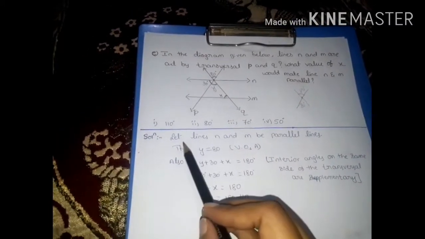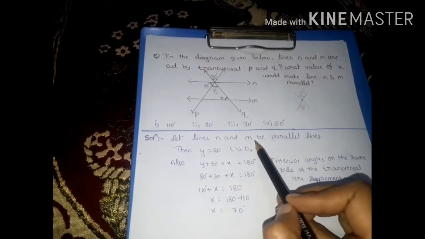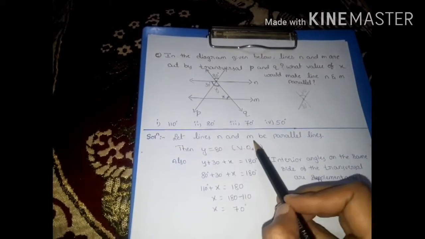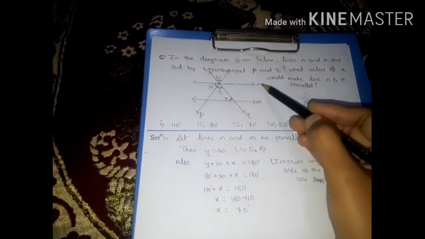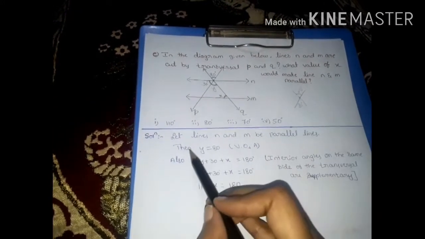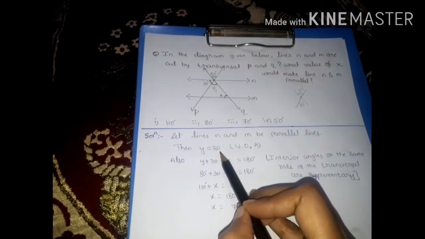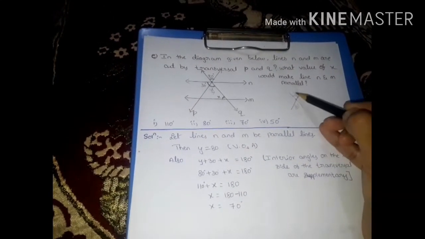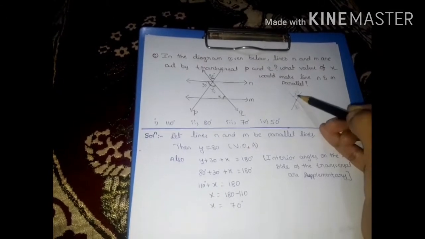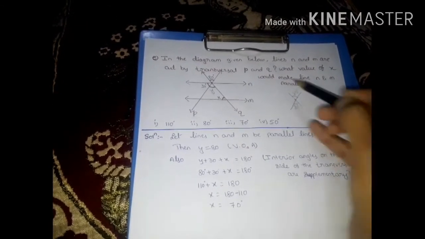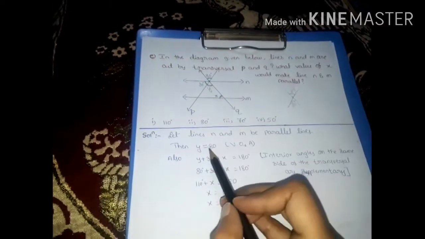In the solution, let lines N and M be parallel lines. Consider these two as parallel lines. Then angle y equals 80 degrees because they are vertically opposite angles. I showed here, these two are vertically opposite angles. This is 80 degrees, which means this angle is also 80 degrees. This angle I considered as angle y.